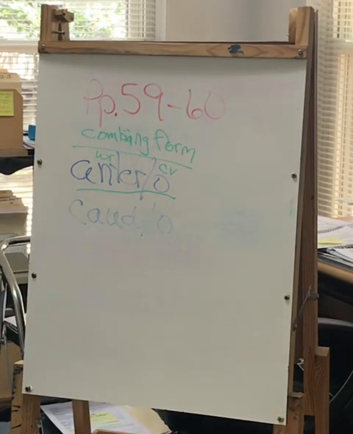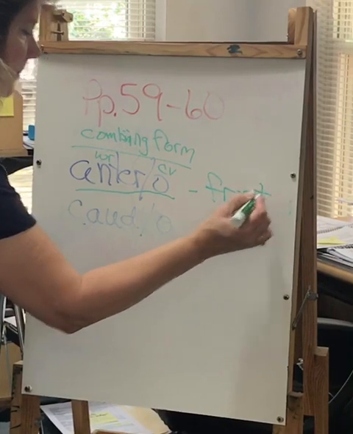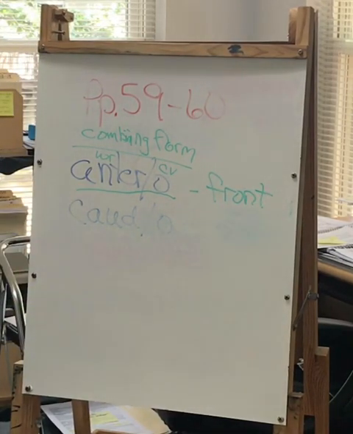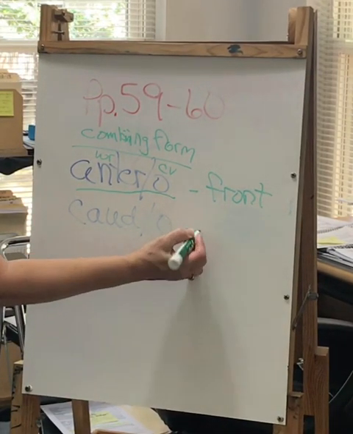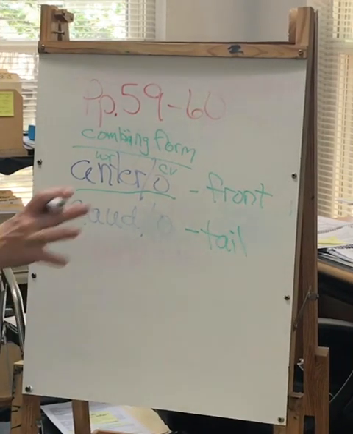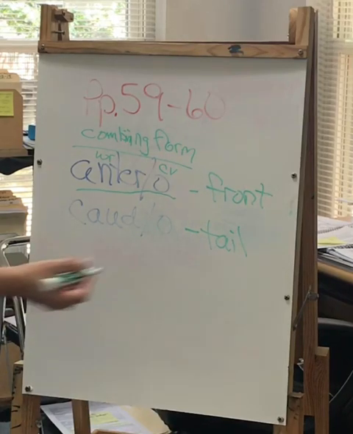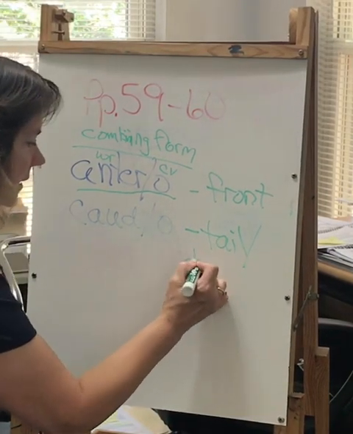So as I said, enter/o means front. Cod/o means tail or downward. You can memorize either or both as long as you have one of them, okay? Tail or downward.